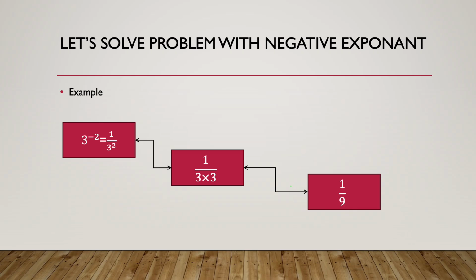What is the answer when we multiply 3 by 3? 9. So we write it as a fraction, 1 over 9. Don't forget to write the number 1. That is the answer.